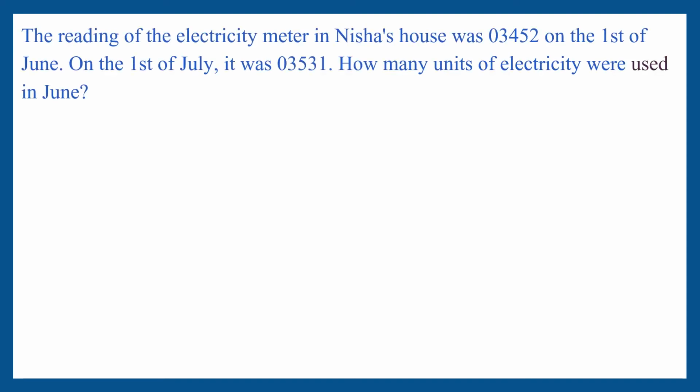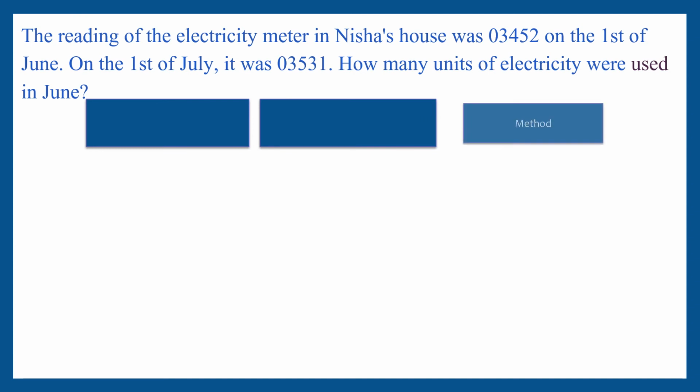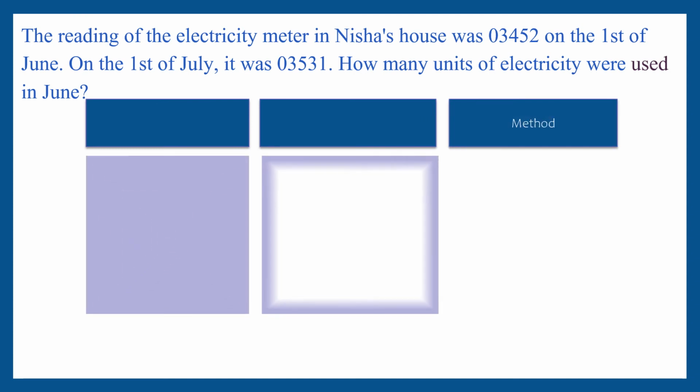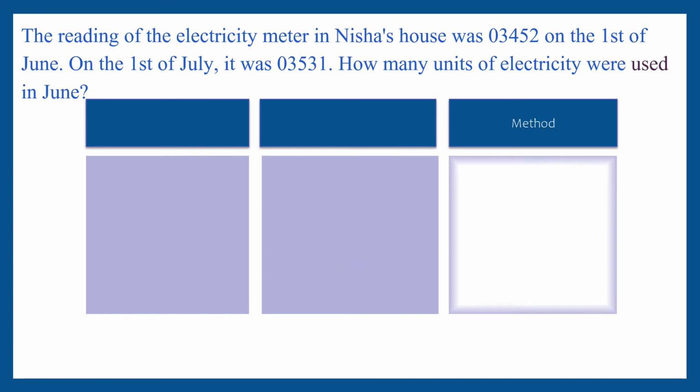The reading of the electric meter in Nisha's house was 3452 on the 1st of June. On the 1st of July, it was 3531. How many units of electricity were used in June? So for that we will draw the columns first.